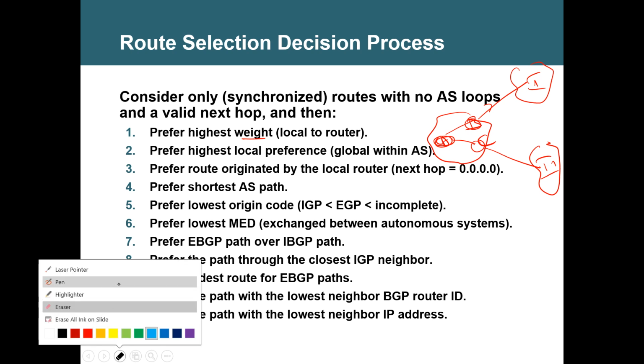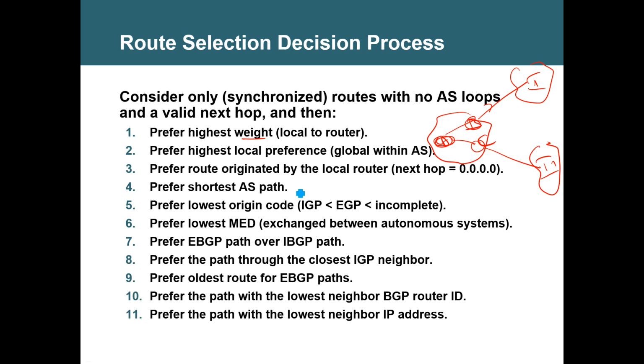If in case you don't configure local preference, again there is a tie. Now what is the tiebreaker? The origin, not origin code, origin. Is it locally originated? In our case, both are coming from outside. If one says coming from B, another says we also have the same network locally on A, the next hop is 0.0.0.0.